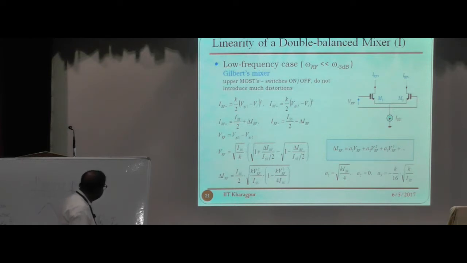Now if you calculate the expression, delta IRF equal to ISS by 2K VRF, where delta IRF is the differential RF current, and express it in terms of the RF voltages, you can make a polynomial expression: delta IRF equal to alpha 1 VRF plus alpha 2 VRF square plus alpha 3 VRF cube. By analogy, you can find the expressions of alpha 1, alpha 2, and alpha 3.